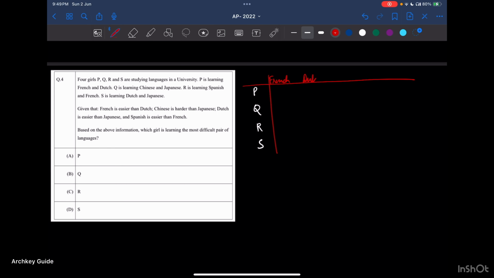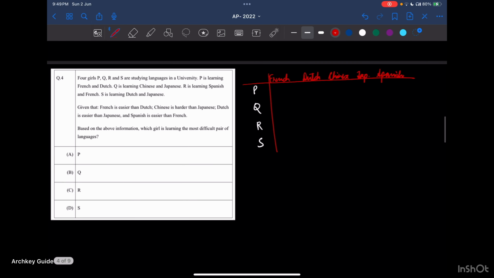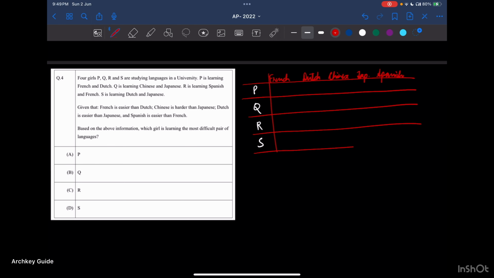French, Dutch. Q is learning Chinese, Japanese. R is learning Spanish, French. These are repeated now, so I'll make the table so that it's easier for me to visualize and connect with one another.